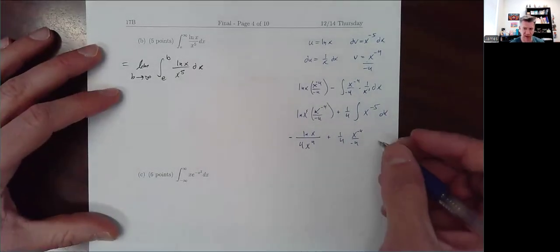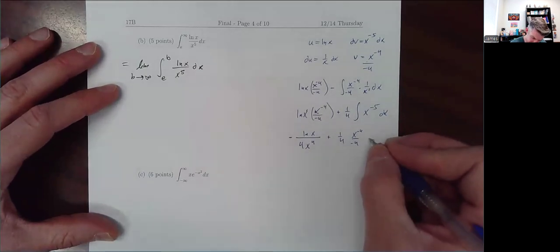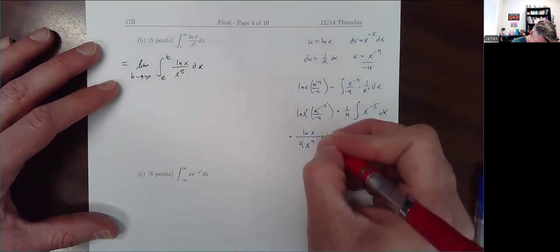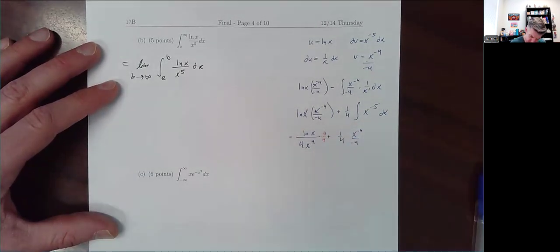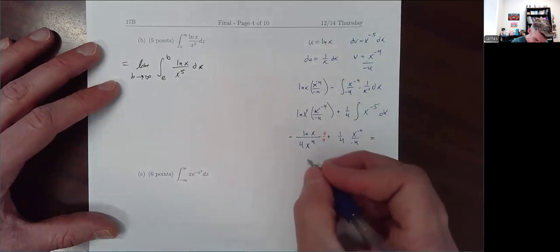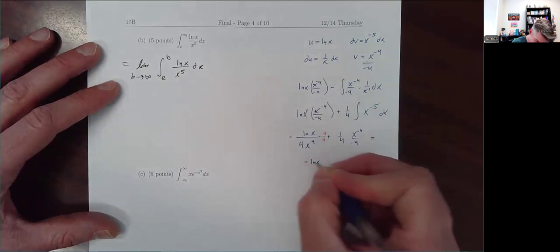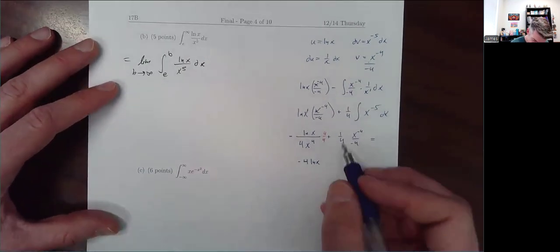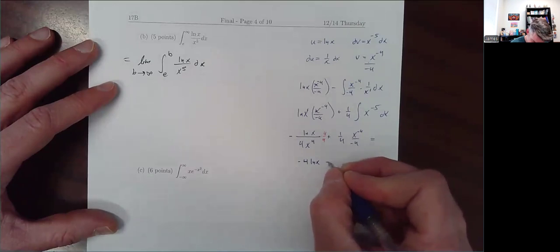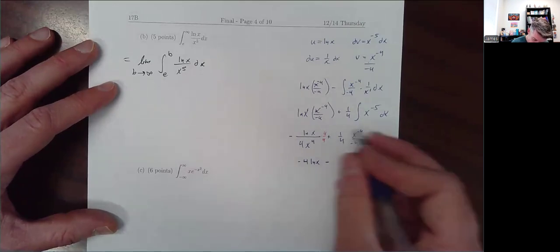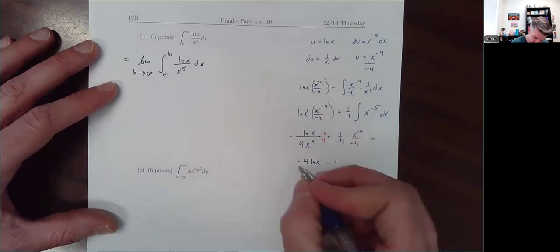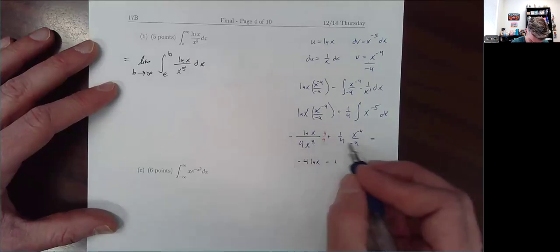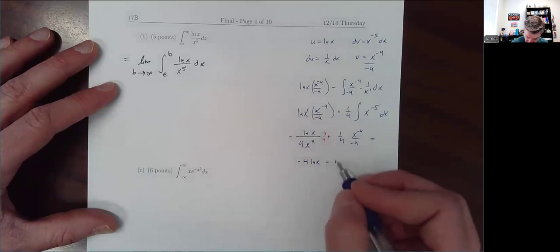And it might be worthwhile to write this as one fraction. So I'm going to rewrite this by multiplying by 4 over 4 here. I'm going to write this as negative natural log of x times 4, minus 1, all divided by, so here you have a 16x to the fourth, here you have a 16, I factored out the x to the fourth.